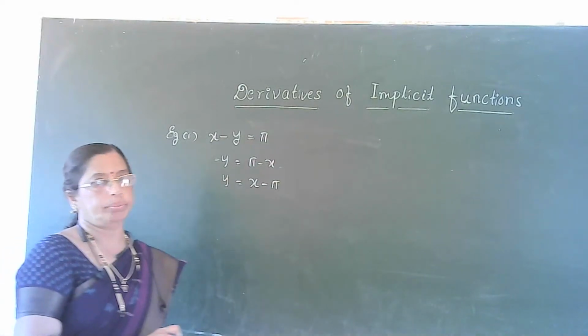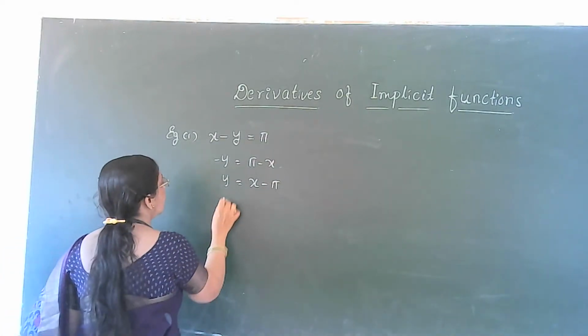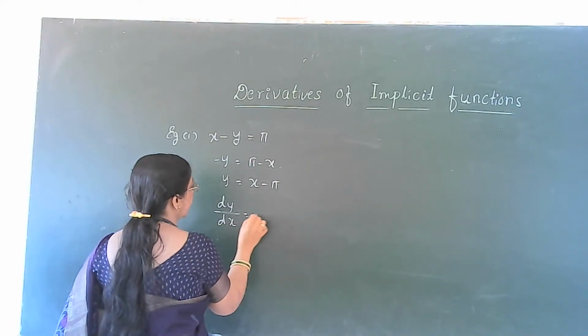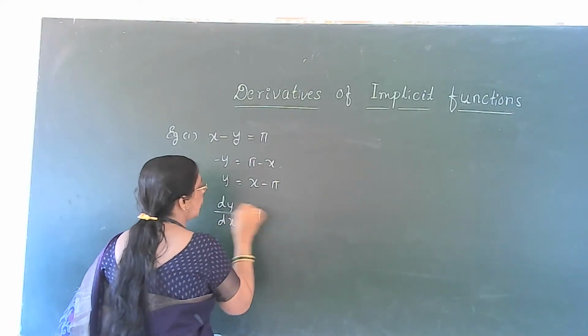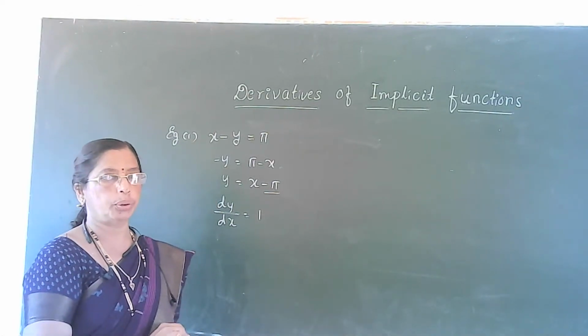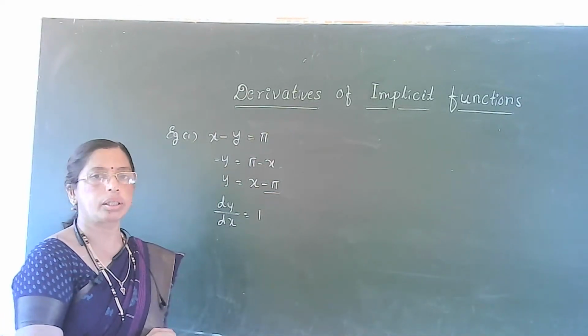Finding dy by dx, differentiating with respect to x: dy by dx is equal to derivative of x is 1, derivative of minus 5 is 0, since minus 5 is a constant.